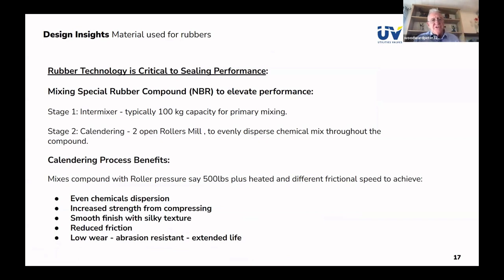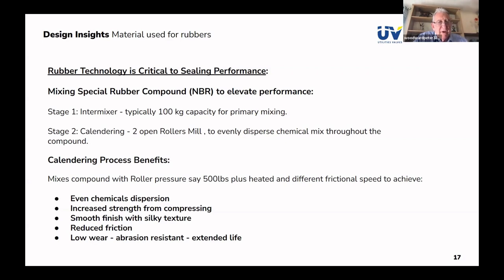Standard rubbers, take a standard NBR, it would go through stage 1 intermixer and would come out as a standard product. And if we go to stage 2 in calendaring with 2 open rollers, this gives us a very even dispersement of the chemicals. You can see the key bullets below what we achieve by applying this heat and high pressure to the rubber and customizing it to suit our objective.